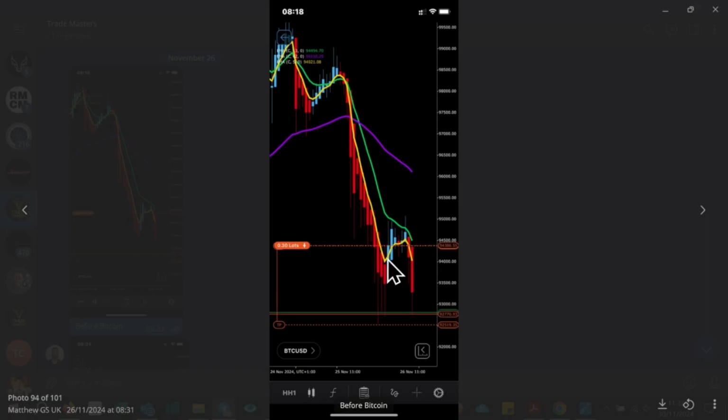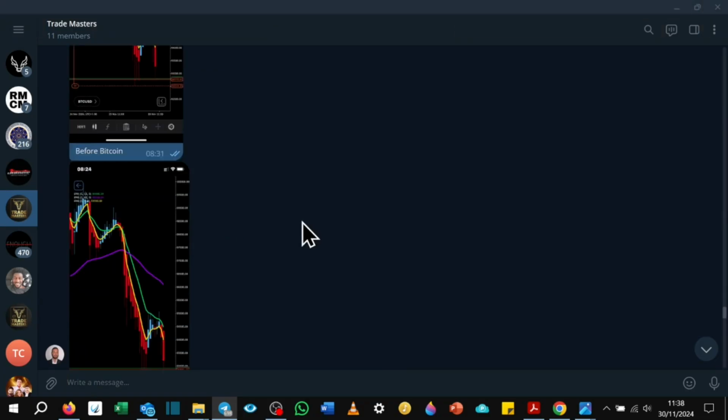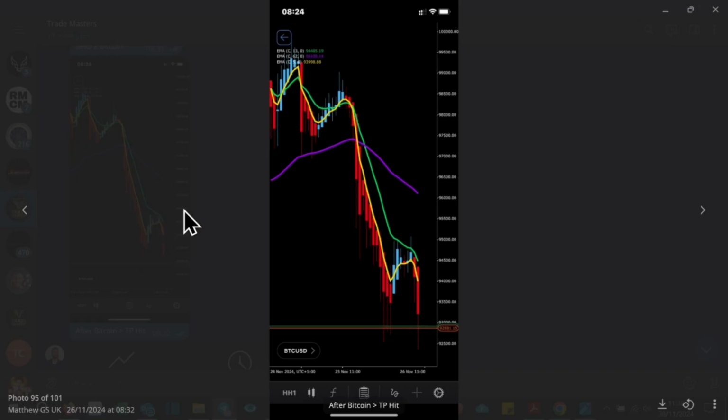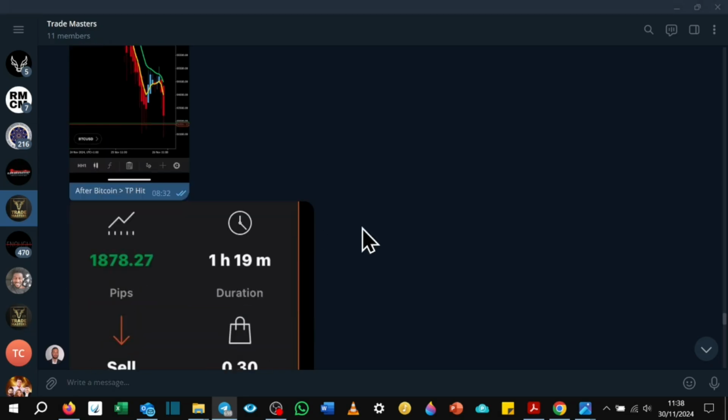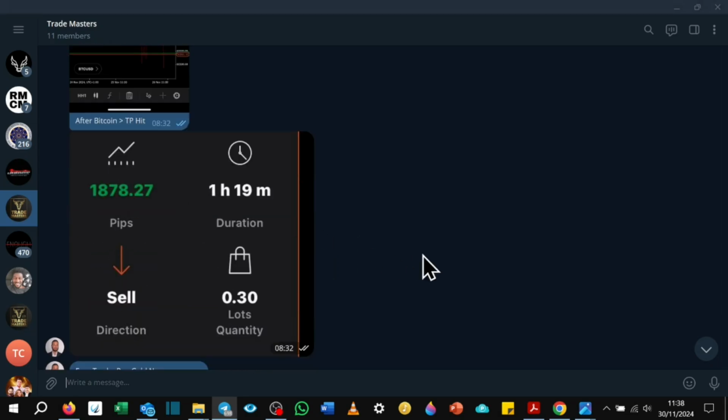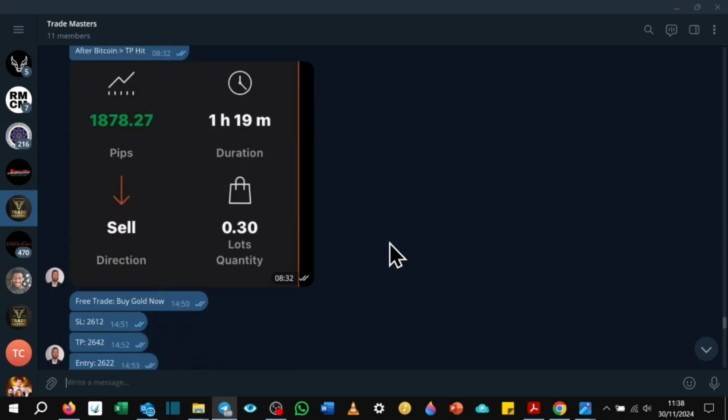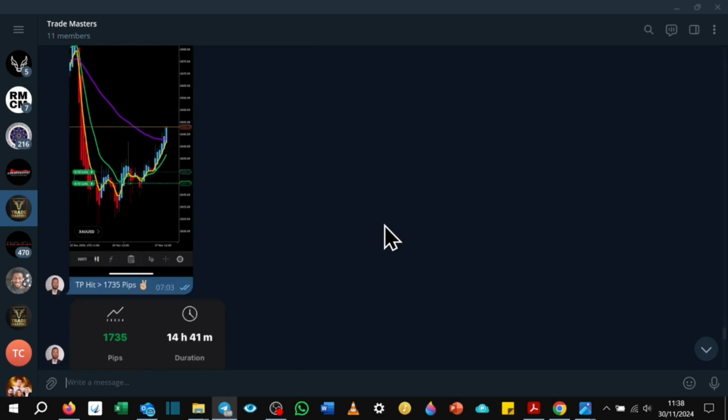This is the not quite sniper because I was asleep at 6 a.m. and I was awakened at 7 a.m. So as I see that the market was turning around, I've got in for that trade, and then take profit was slammed. So that was a very, very good trade, and that was 1,878 pips. So very, very happy with that.